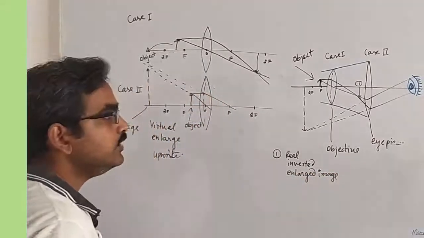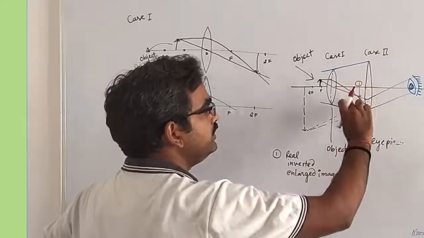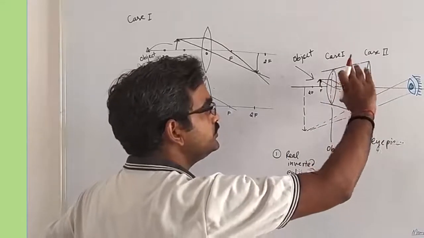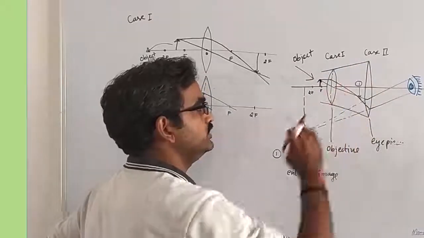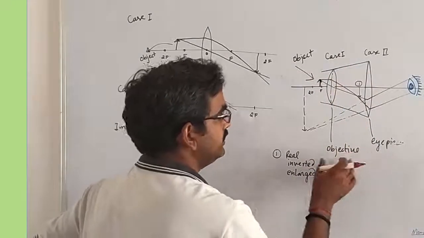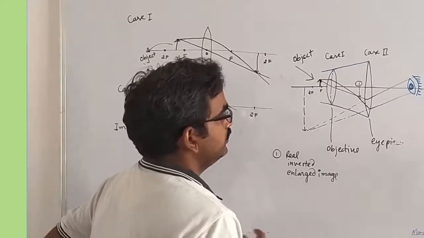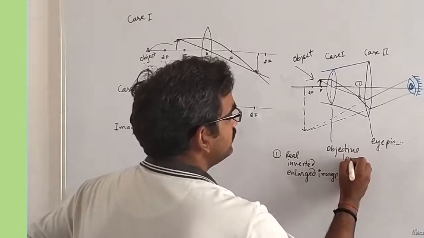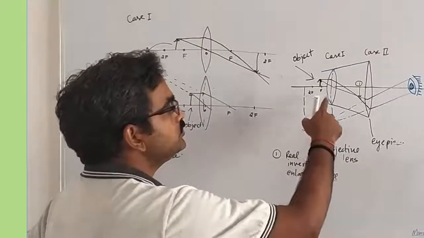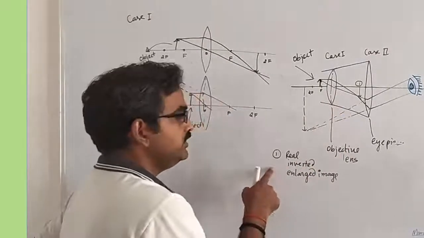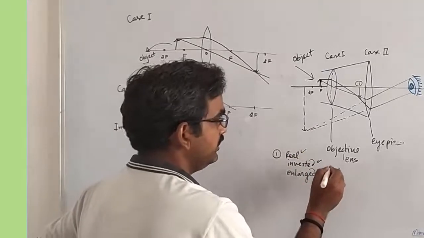But this image is within this tube. This is a tube-like structure where he placed two lenses, one is the eyepiece, another is the objective. So in the first condition, he got a real, inverted and enlarged image.